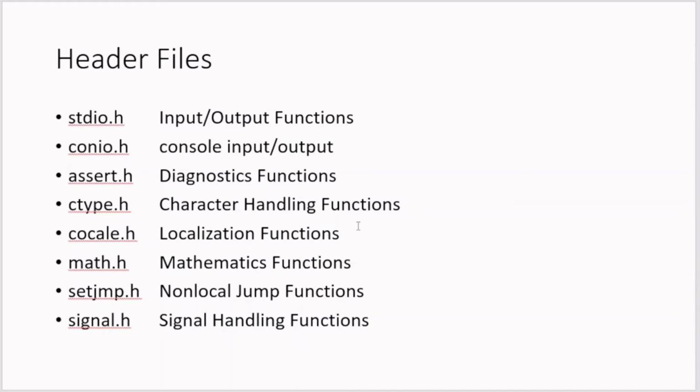You don't need to remember all of them now, but I'm going to include the list in my blog, so whenever you need them, you can just go to my blog and get the whole list. A couple of important ones to remember are stdio.h, which is standard input output, where .h means header, and conio.h, which is console input output.